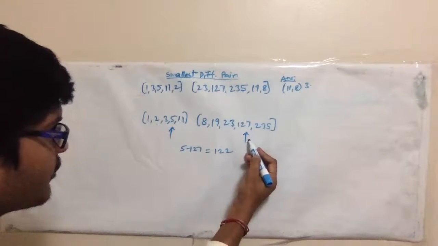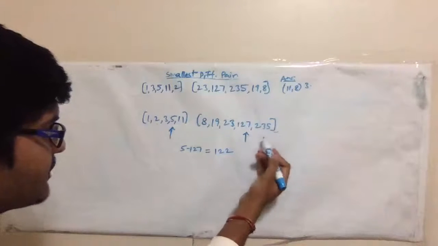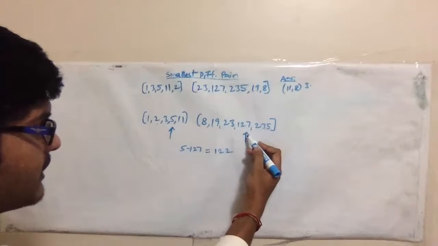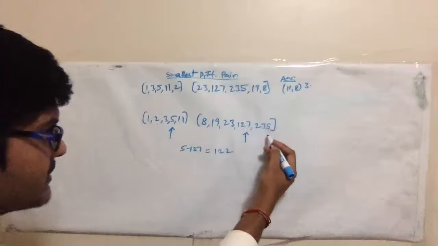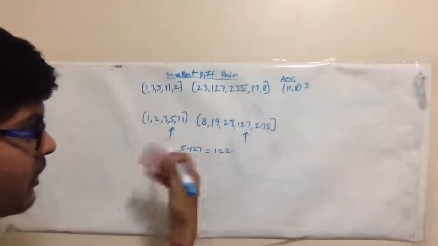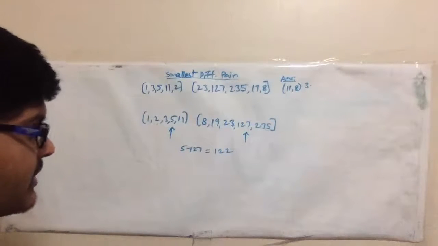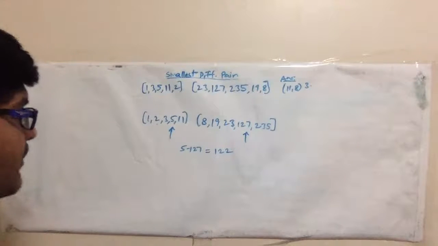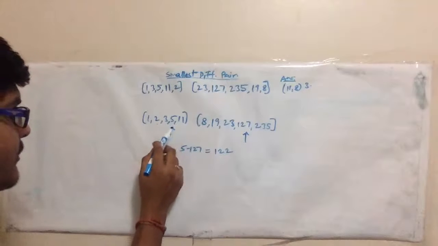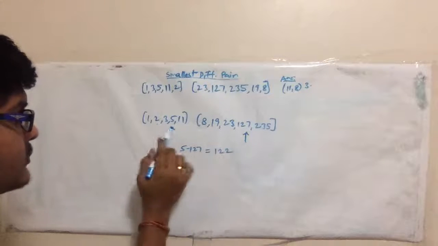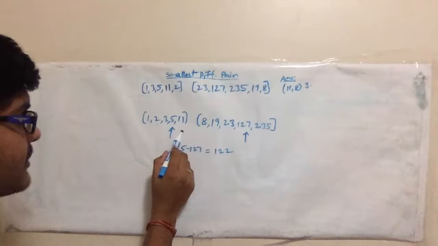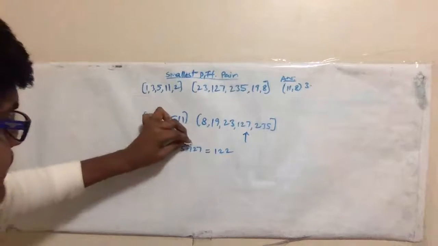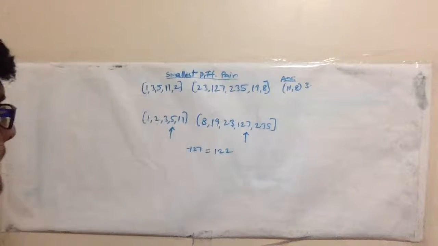Similarly, any number after this element will be larger than this, so obviously the resultant difference would be larger. So instead of that, we can just move to the left. That is what we can do for checking further.